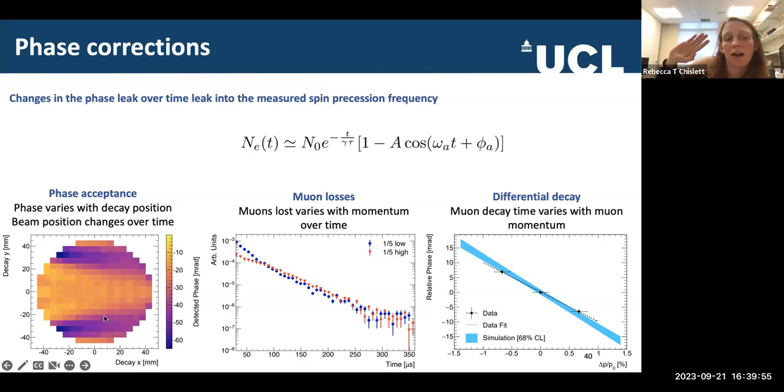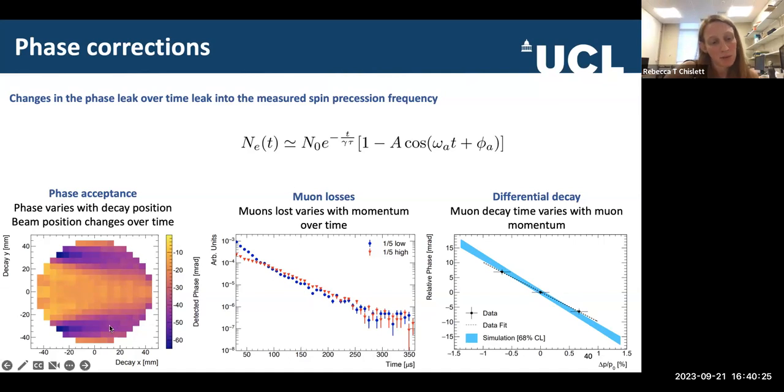So the position that the muon decays has different phases across the different decay positions in the ring. But we also know that the beam position changes as a function of time. And so that means that you're selecting different phases from this distribution. And so the phase changes as a function of time.